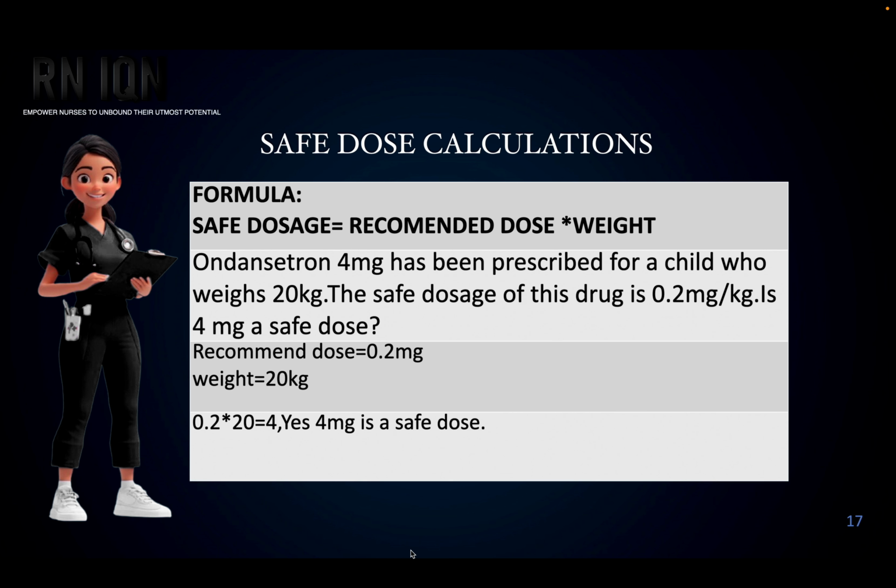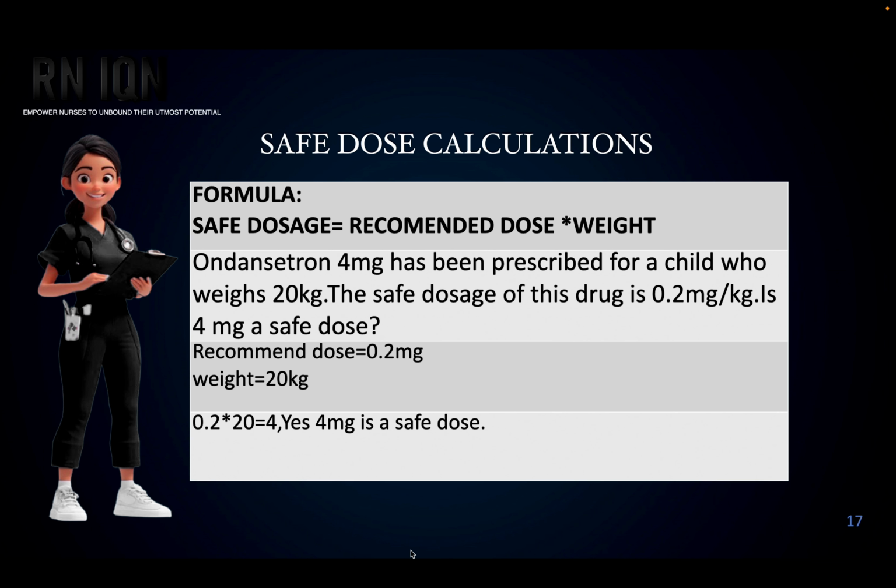Let's see the next dose calculation, that is how to calculate a safe drug dosage. Here, to calculate a safe drug dosage, use this formula. Recommended dose per kg, that is, the doctor has prescribed a particular medication to a patient who weighs so and so.